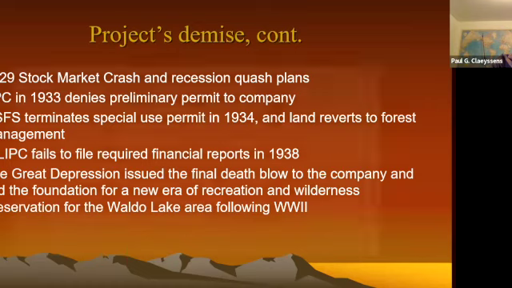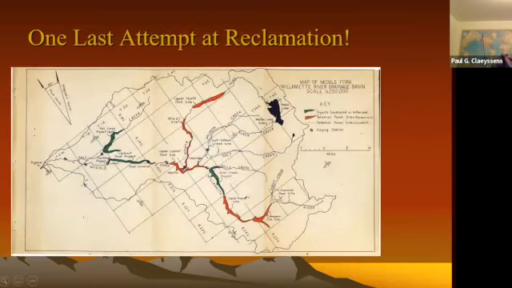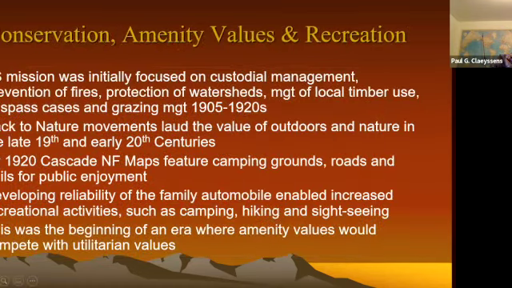Fortunately, there were other trends happening in the United States, and I'm just going to go quickly here. But recreation was becoming an important social idea: that recreation was good for the community, good for the individual and family, and good to get outdoors. So there was this whole movement of outdoor recreation.